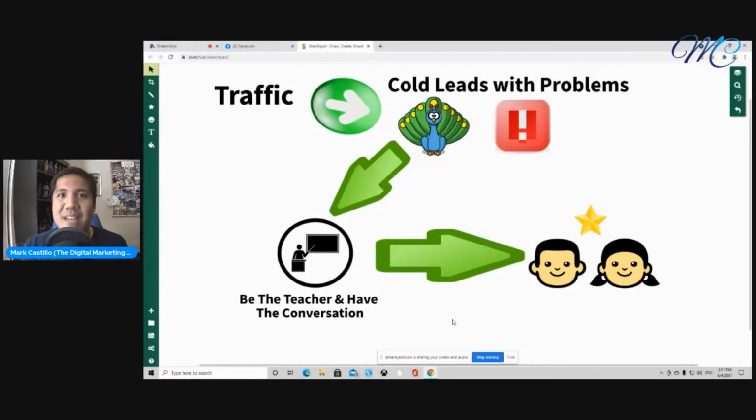And by doing that, you are giving your list value because it's helping to establish the authority you have in the marketplace. Or here's another email idea. You could use something that happened to you recently. Like, for example, let's say there was a story you encountered earlier today which reminded you of a very important marketing lesson.